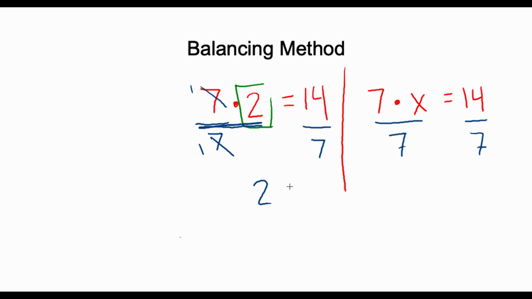And on the other side, 14 divided by 7 is also equal to 2. Same thing over here. Divide by 7. The 7 that multiplies cancels with the 7 that divides, leaving you with the x on this side equal to 14 divided by 7, equal to 2.